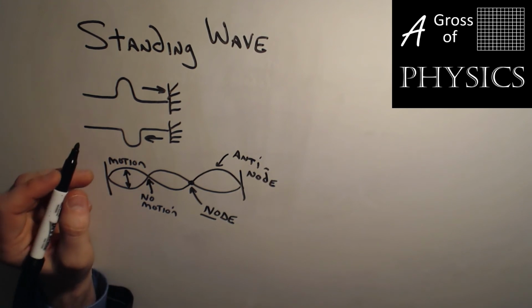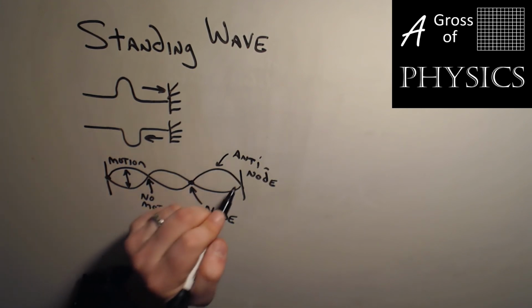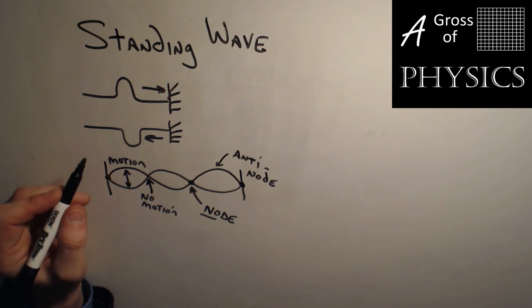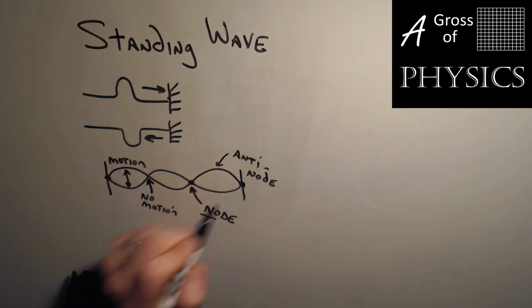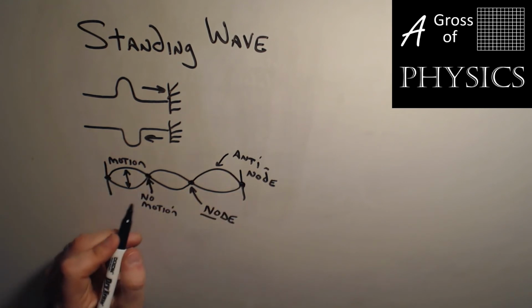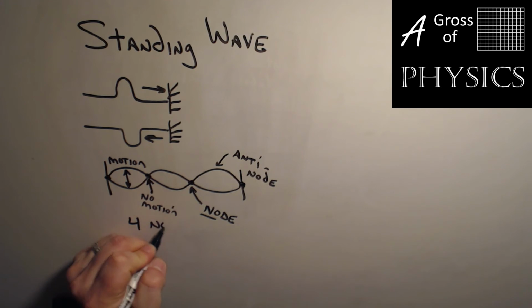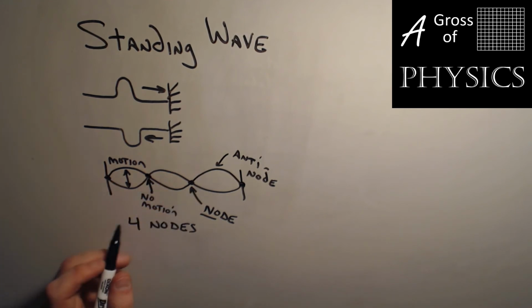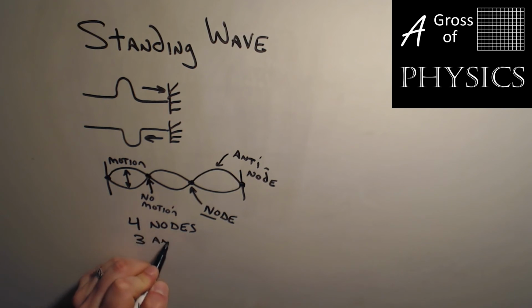Now it's interesting to note, if we have a fixed end on both sides, such as maybe a guitar string or something like that, then these endpoints are nodes. And we have 1, 2, 3, 4 nodes in this example. And the antinodes would be 1, 2, 3. So 3 antinodes.